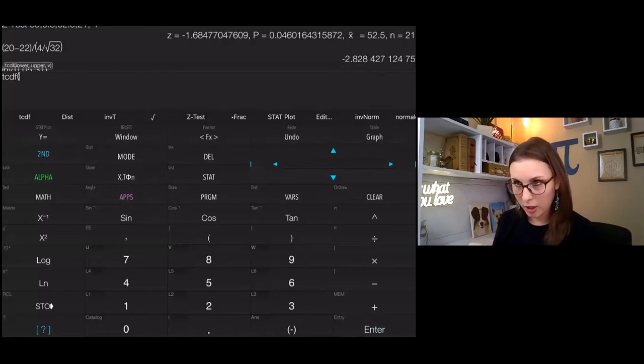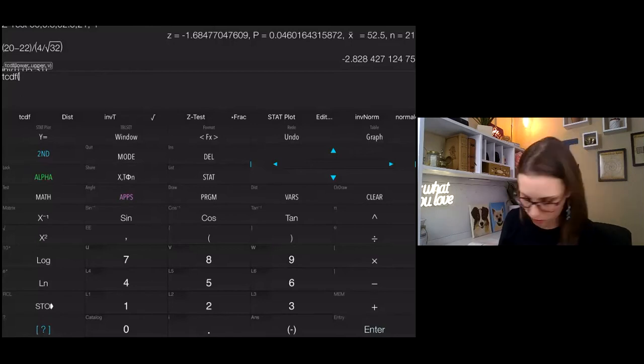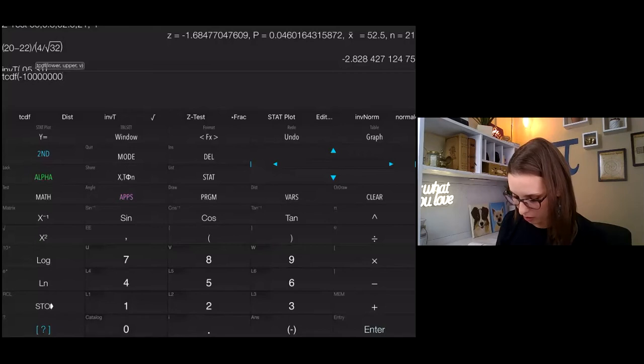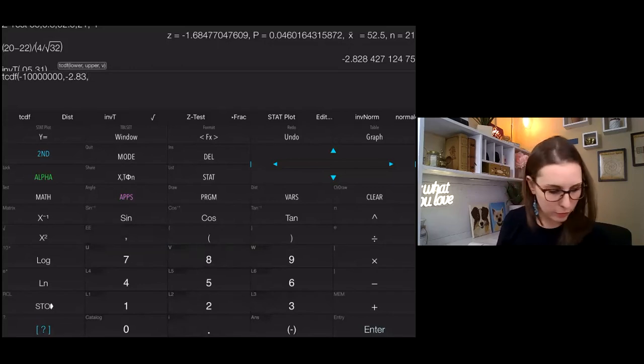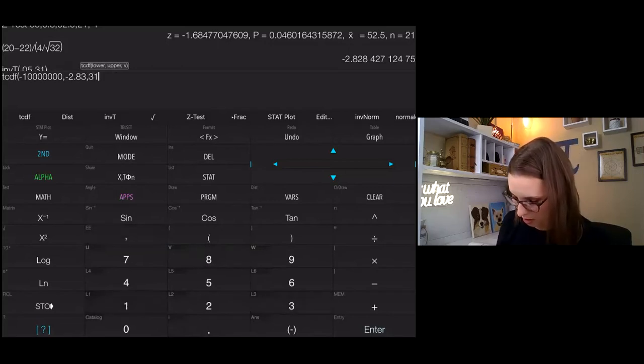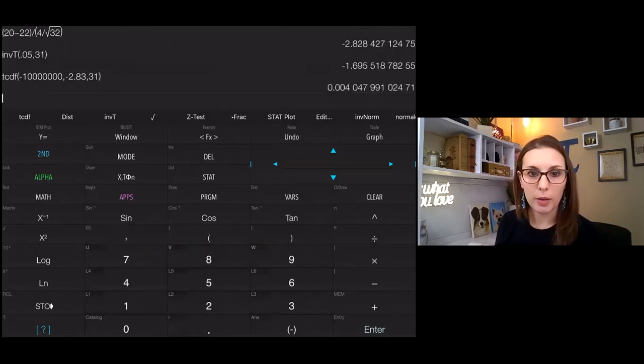So my lower, this was a left-tailed test, I believe. So we're going to go lower value, upper value, and the degrees of freedom in this one were 31. And we get 0.004.